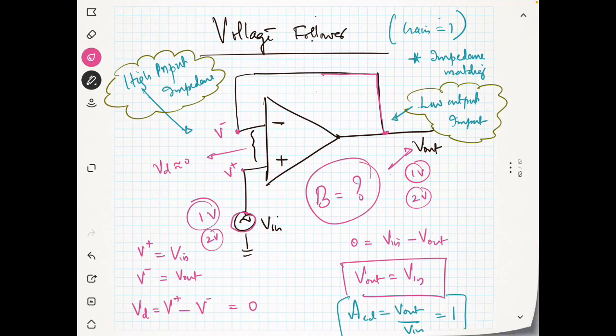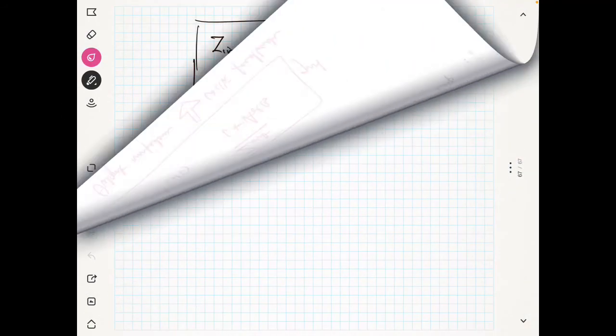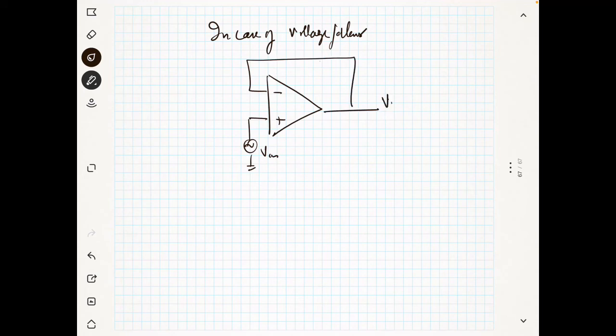I told you that in the case of the voltage follower, this is minus, this is plus, this is your V in, this is V out. What is B?